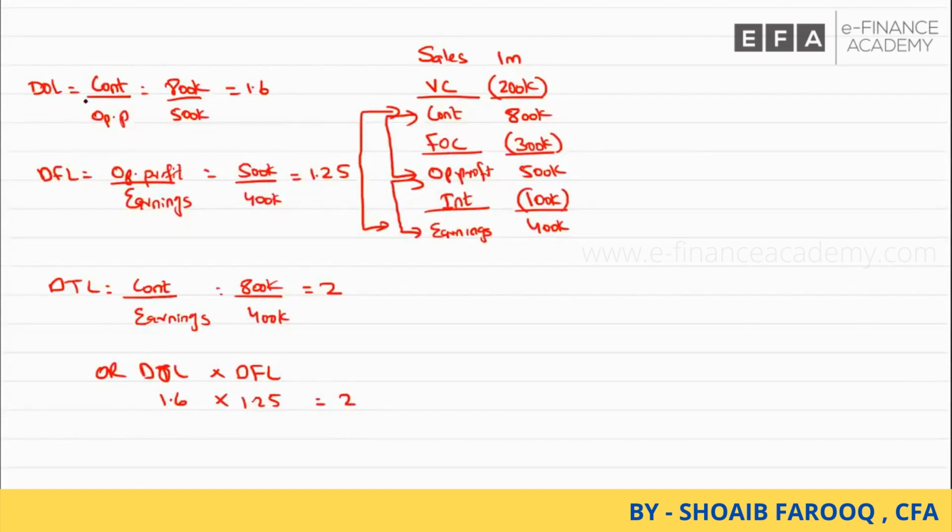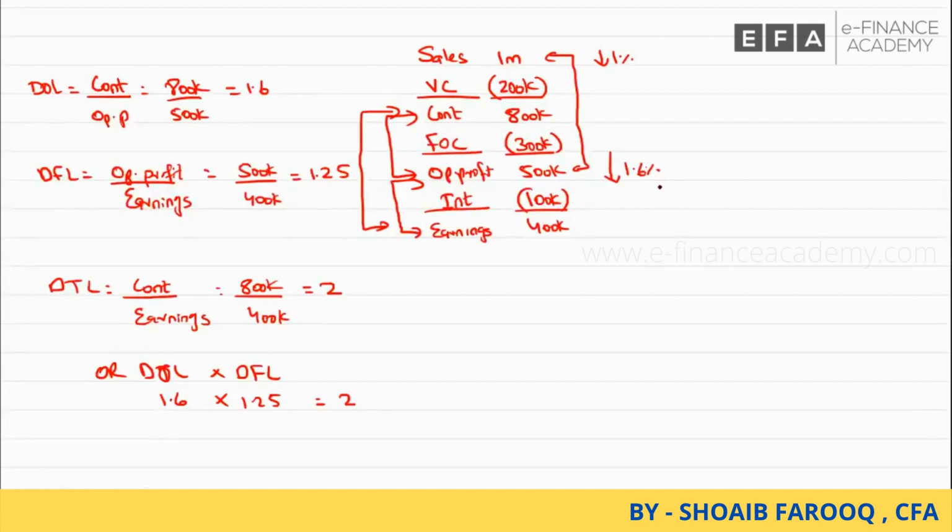How do we interpret the DOL of 1.6? That means for each 1% change in sales, let's say if sales go down by 1%, then your operating profit will go down by a bigger amount, that is 1.6%. That's the interpretation of DOL, the sensitivity of operating profit to changes in sales. It's 1.6 times sensitive.